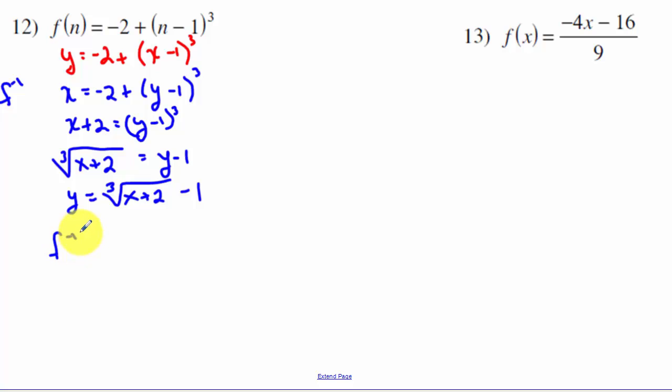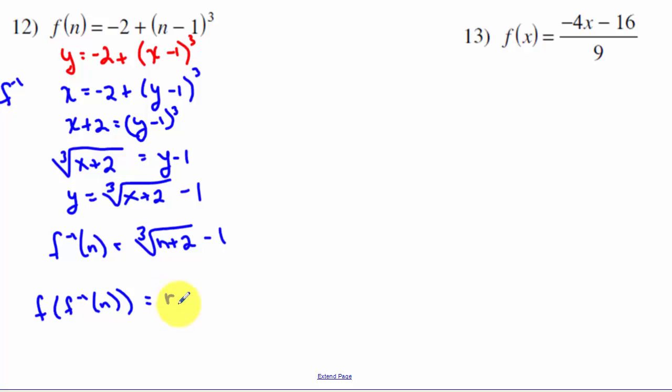So f inverse of n is going to be the cube root of n plus 2 minus 1. If we computed f of f inverse of n, assuming we did all of our algebra correct, we should get n. I'm not going to go through that proof because I'm sure I did all my algebra steps correct.